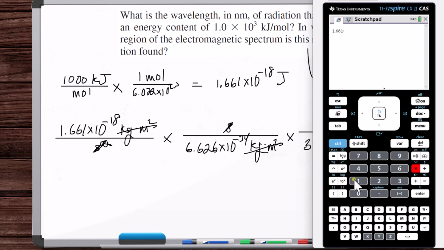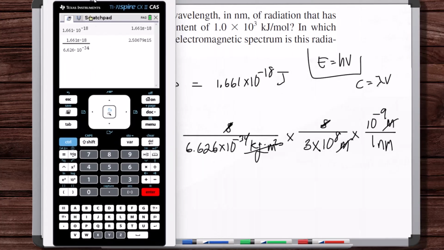So we've got 1.661 times 10 to the minus 18, divided by 6.626 times 10 to the minus 34, then divided by 3 times 10 to the 8th, and then times 10 to the minus 9.